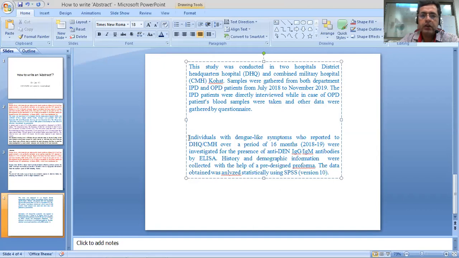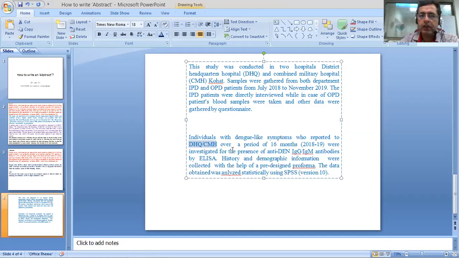And who are you going to sample? These are people who have dengue-like symptoms, and you have identified this particular period from 2018 to 2019 in which you conducted this study. You also have given the study settings, which is a DHQ hospital or CMH hospital in that particular area.